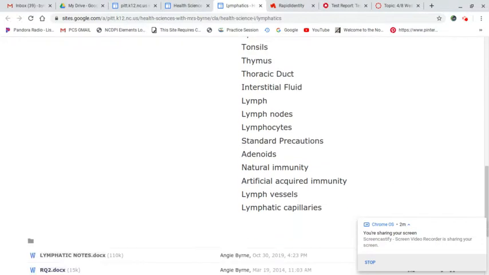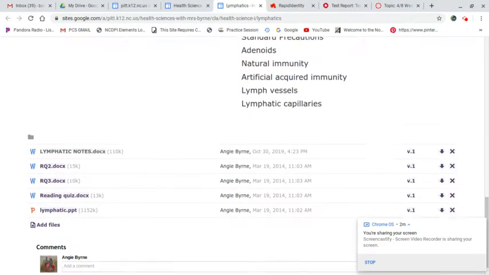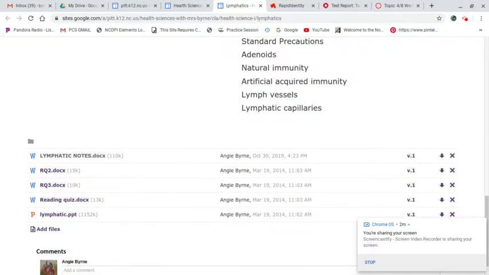There's also some reading quizzes down here. So the one titled reading quiz goes with the very first portion of the book reading. RQ2 goes with the next portion, and RQ3 goes with the third portion of the book. So you can take your book notes and see if you can answer the questions on these three quizzes.